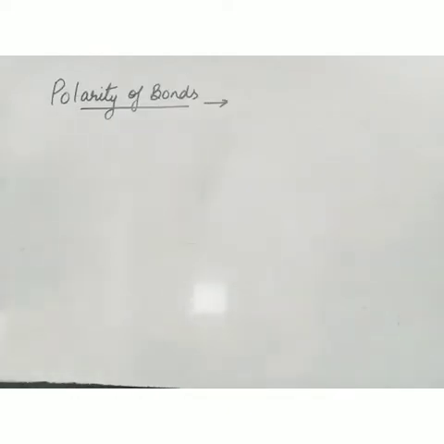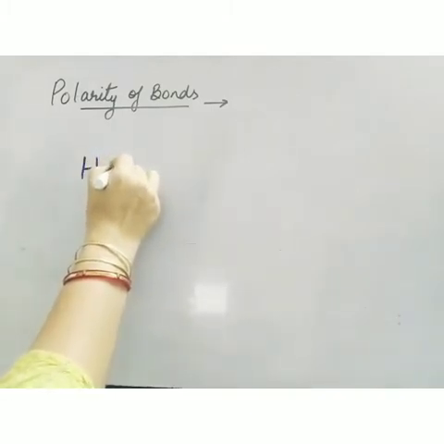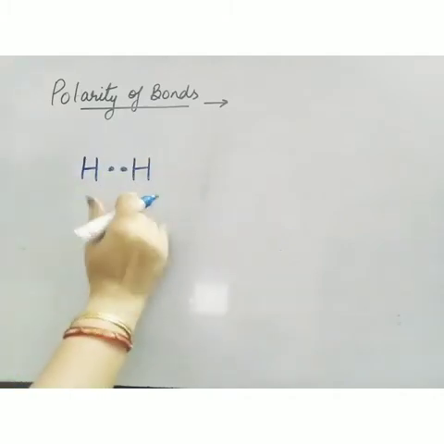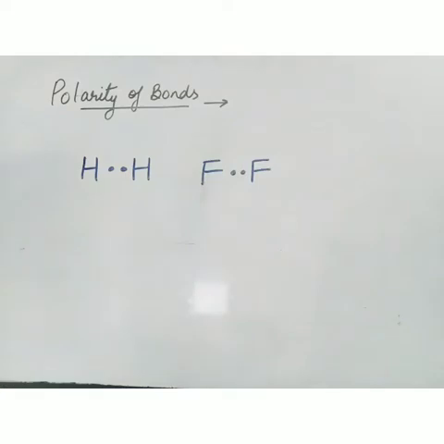The next topic that we are going to start is polarity of bonds. What is the meaning of polarity of bonds? Okay, listen carefully. Suppose a covalent bond is formed. We know that a covalent bond is formed by sharing of electrons, and bond is formed between two similar atoms. Okay, like this, both the atoms are same.